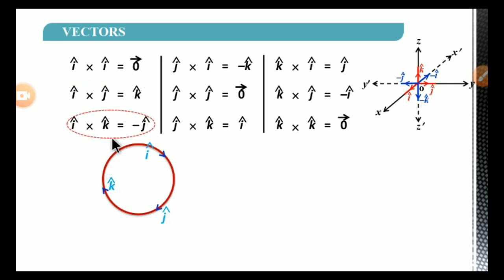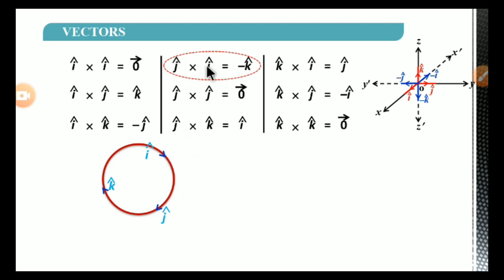And next, I cross k, because it becomes the reverse order. Reverse order means that the next one is j only, but we have to take the minus sign. And j cross I again becomes reverse only, so we have to take the minus sign.